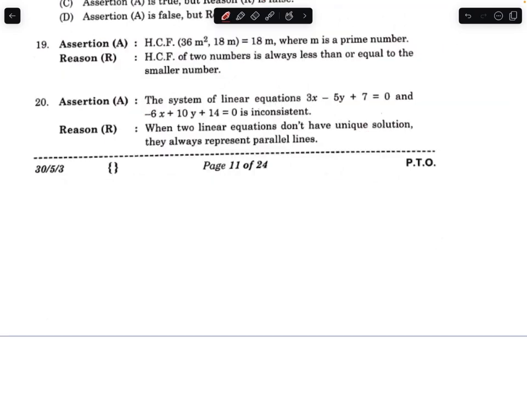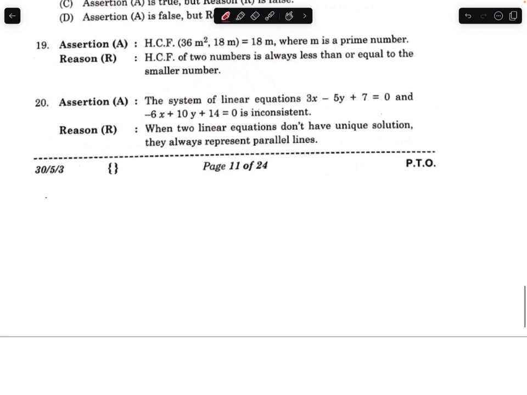Question number 19. The assertion statement says HCF of 36m square and 18m is equal to 18m, where m is a prime number. So let's get the factors. 36m square is 2 times 18 into m into m. The factors for 18m are 1 into 18 into m. Taking the common ones, we get HCF as 18m.